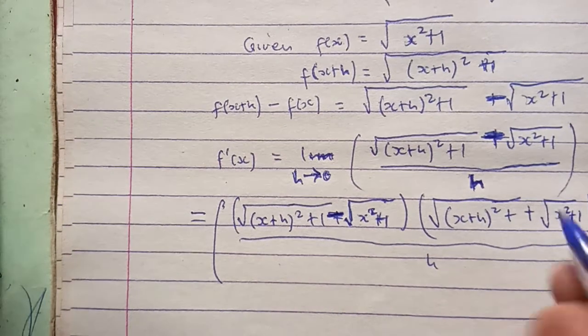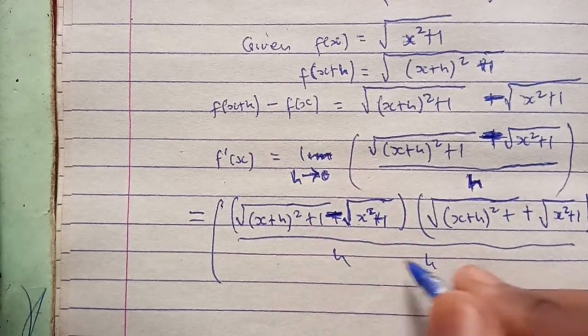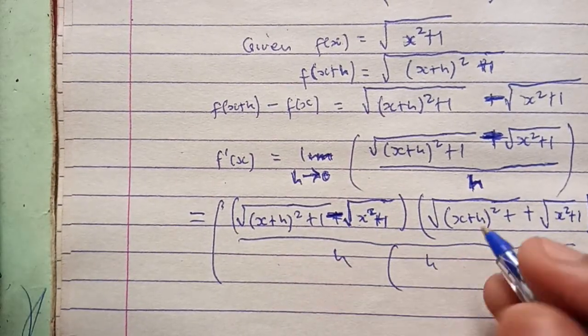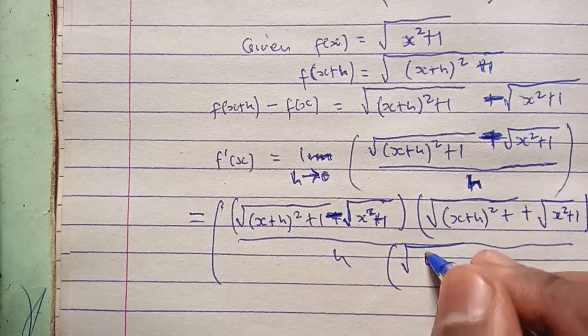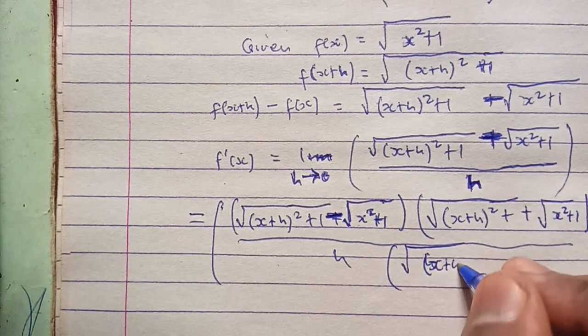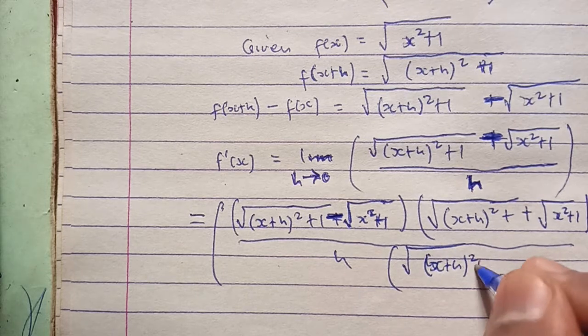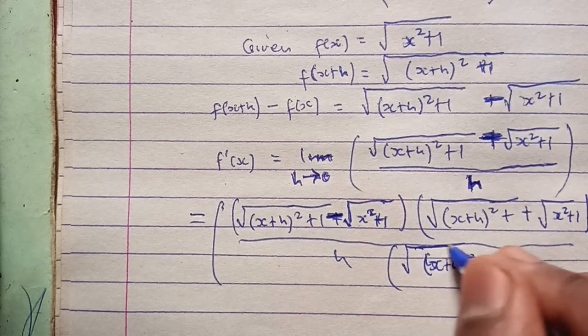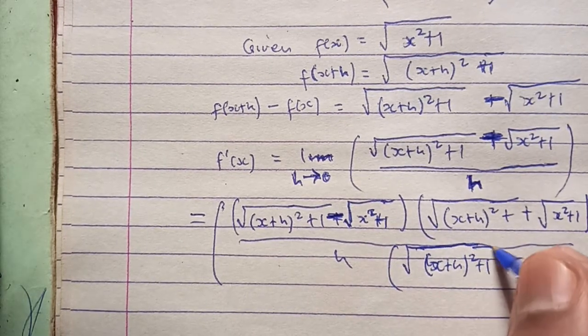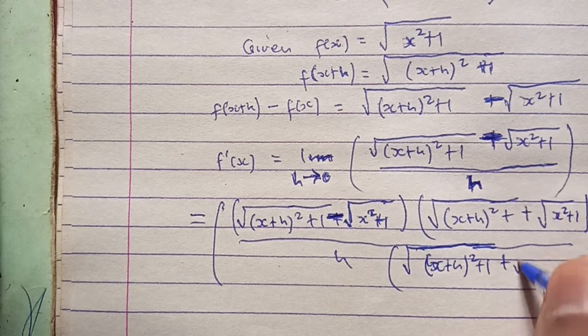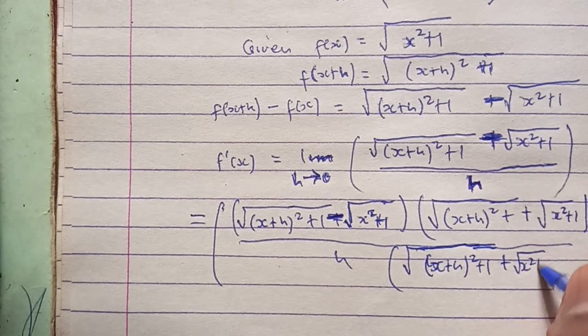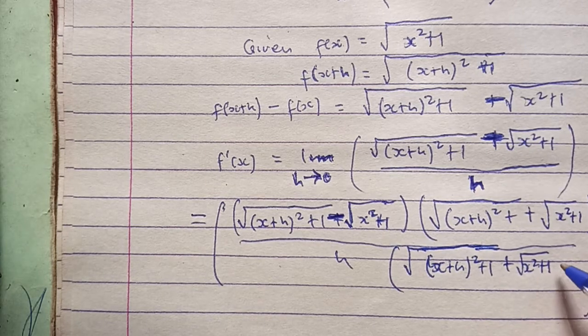All over h multiplying by the conjugate of this one, square root of (x plus h) squared plus 1 plus square root of x squared plus 1. Have you seen that, guys?